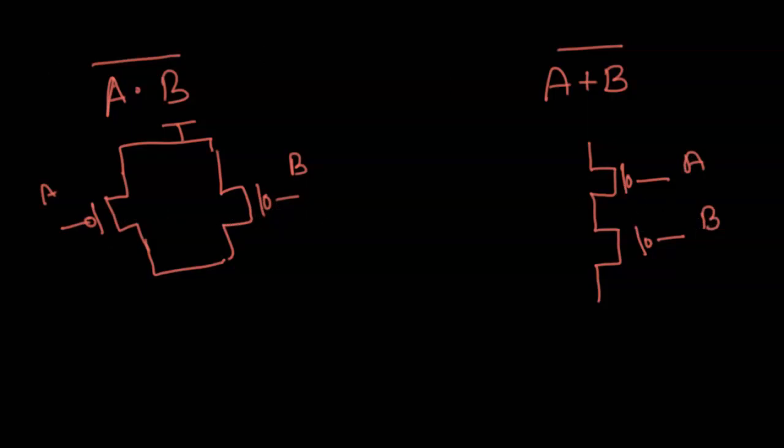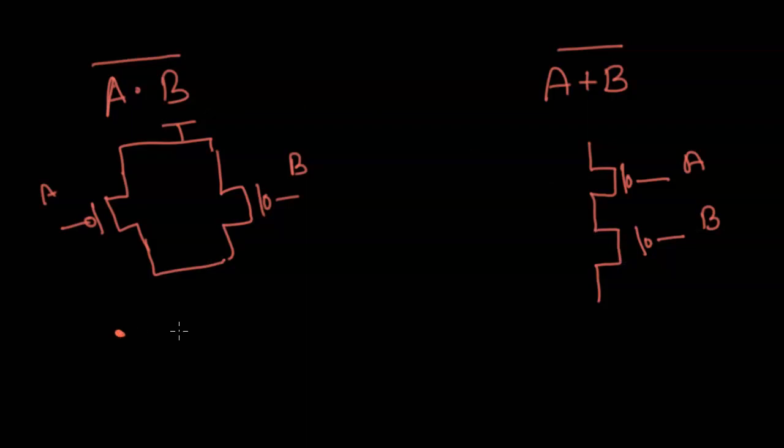So let's make a note over here. In situations where we have A dot B, the inputs A and B are connected in parallel in the PMOS, and in the cases where we have A plus B, the inputs A and B will be connected in series in the PMOS. So we just have to remember one of the cases.